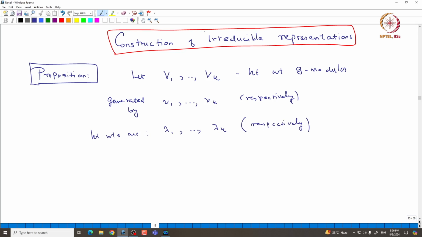So, this is the given data. V1 is generated by small v1, Vi is generated by small vi, and the weight of small vi is given by lambda i.